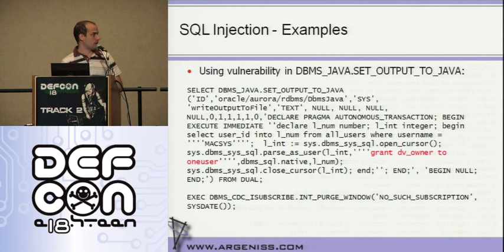Here is, for example, how we can do it with this vulnerability that allows us to execute statements as the SYS user. So we impersonate the Maxis user with this PARSE_AS_USER function, and then after we have impersonated the Maxis user, we grant the DB owner role to any user.